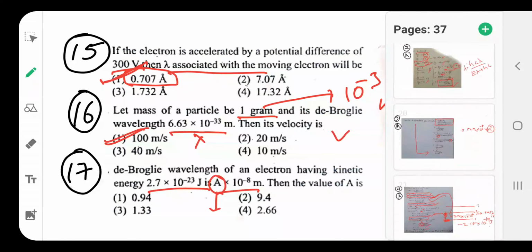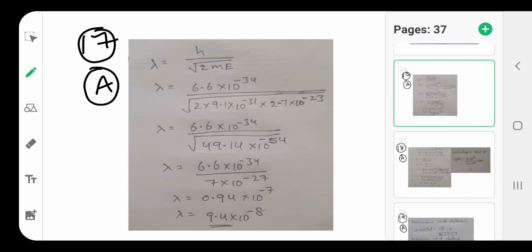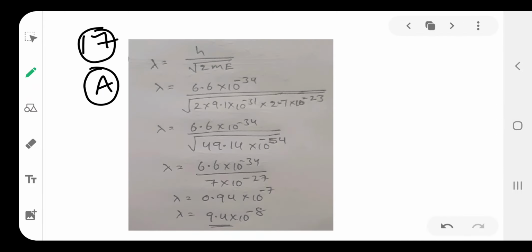Already I told the wavelength kinetic energy formula: lambda is equal to h by under root of 2 mE, where E is kinetic energy. Then lambda is equal to h value 6.6 into 10 power minus 34 divided by under root of 2 into mass of electron 9.1 into 10 power minus 31 into the kinetic energy given in the question, 2.7 into 10 power minus 23.